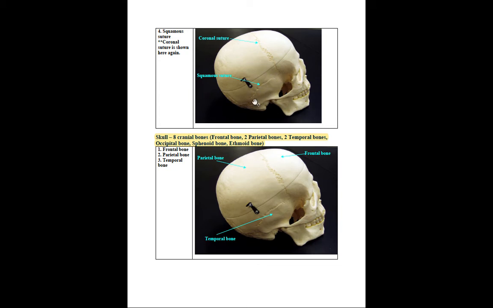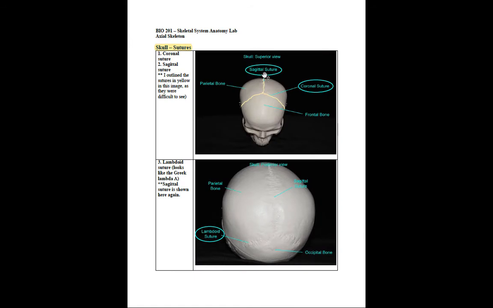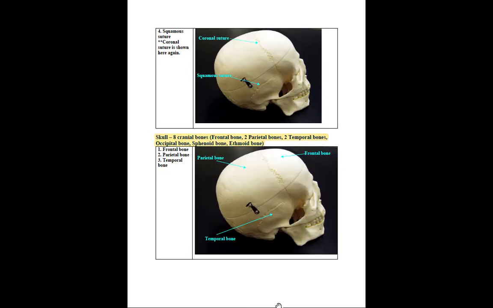So that's the squamous suture. And then you can also see the coronal suture again here. Those are the sutures that you are going to be responsible for: sagittal suture, coronal suture, lambdoid suture, and the squamous suture.